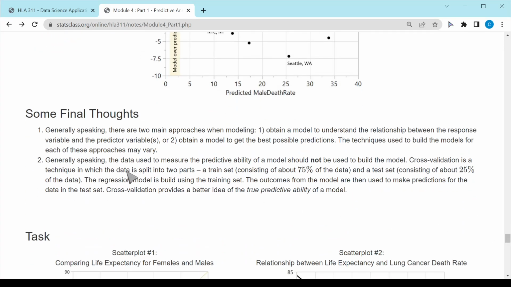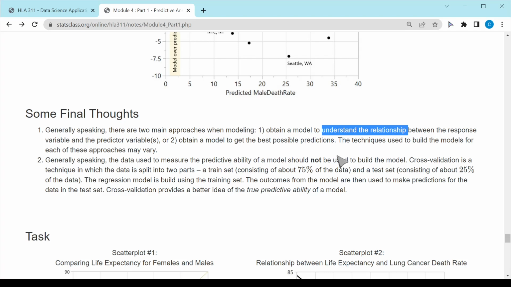Just some final thoughts about modeling here. There are, generally speaking, 2 main approaches when we're doing modeling. One is to understand the relationship. So the purpose is to understand exactly what is going on between the response variable and the predictor variable. And then another approach is to just obtain the best possible predictions at all cost.